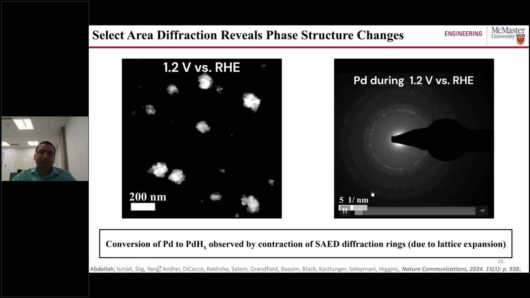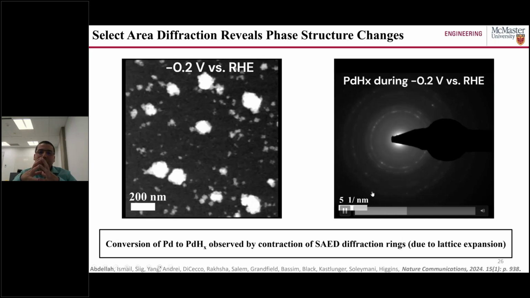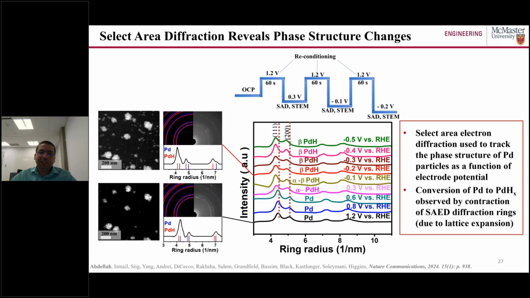As you can see here, once the palladium starts to transform to palladium hydride, the particle starts to expand, and you can see this small expansion in the lattice reflected in the diffraction, and you can identify all the phases under the electrochemical condition. You can conduct this measurement at different applied electrochemical potentials, and you can visualize all three phases of palladium transformation, from the metallic form to the alpha and beta forms, in the electrochemical liquid cell.